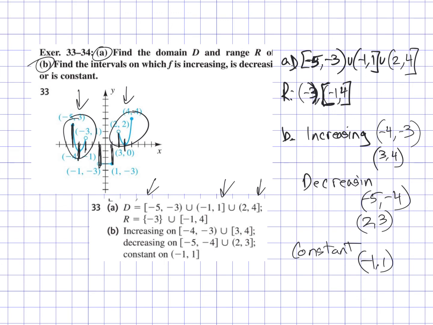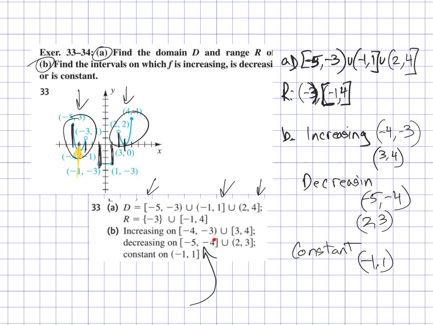At -4 here, I should say, is the peak or the valley. It doesn't increase or decrease there. So it's decreasing from -5 to -4, and I'm talking about this part right here at the bottom.